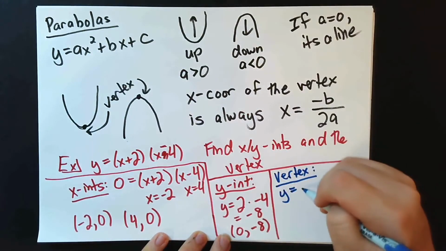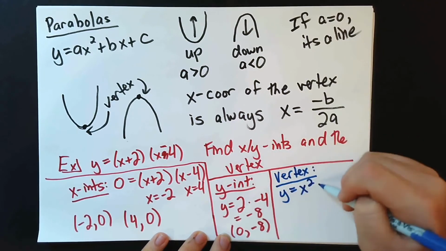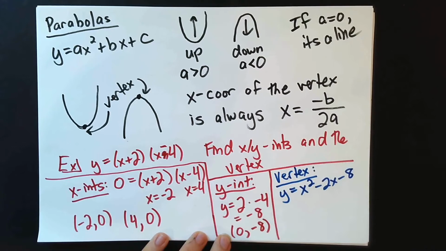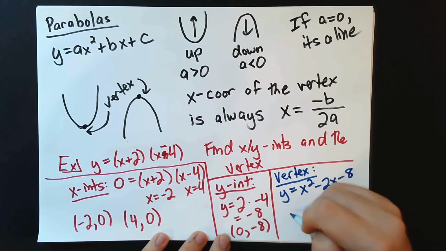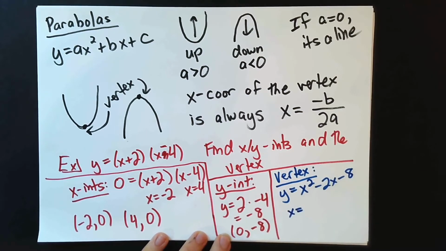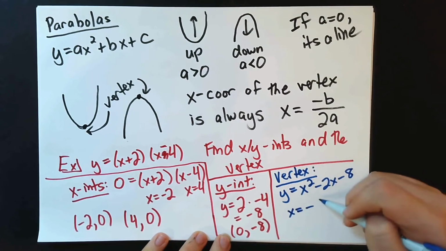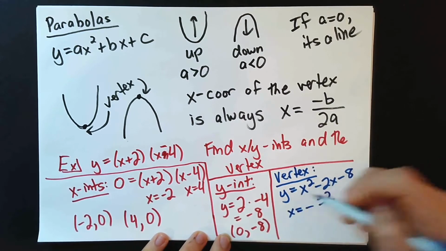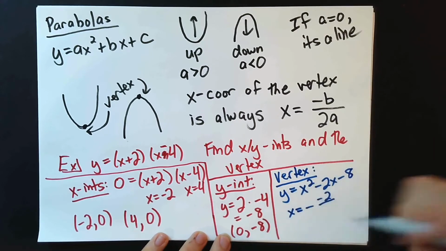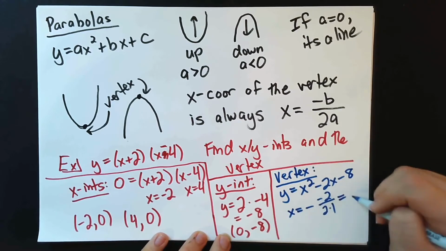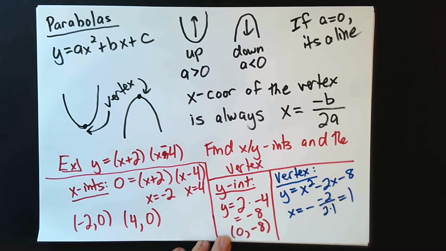So that is, I need to write it as x squared minus 2x minus 8. And so the x-coordinate of the vertex is going to be at negative b, which is negative 2, over 2a. A is just 1. It's the coefficient from the x squared. Okay, and so the x-coordinate of the vertex is in fact 1.